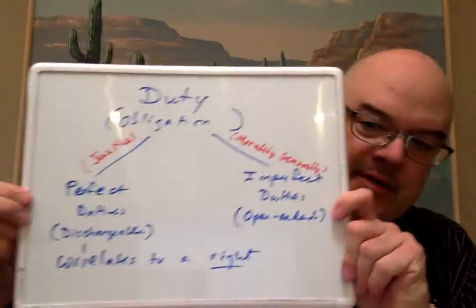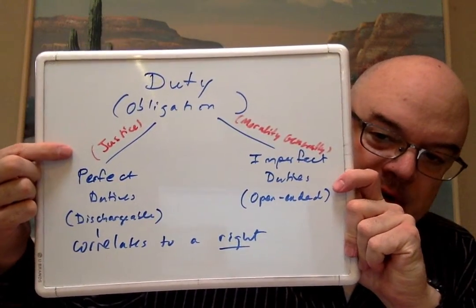And Mill suggests that this coincides with the distinction between justice and morality in general. So the idea would be something like this. These perfect duties are duties of justice.